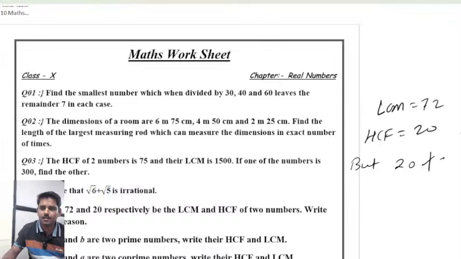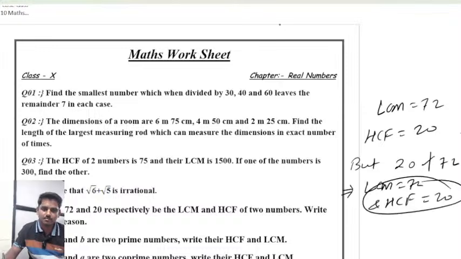Question number 6. If a and b are two prime numbers, then what are their HCF and LCM? For prime numbers, the only common factor is 1.